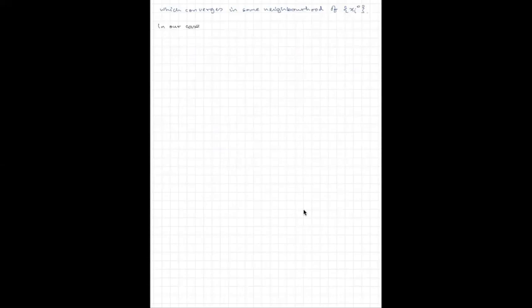This is simply psi of xy being equal to psi of x naught y naught plus psi x into x minus x naught plus psi y into y minus y naught plus half psi xx times x minus x naught squared plus psi xy times y minus y naught times x minus x naught plus half psi yy times y minus y naught squared, plus so on and so forth.